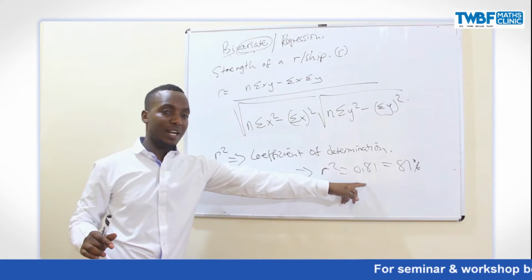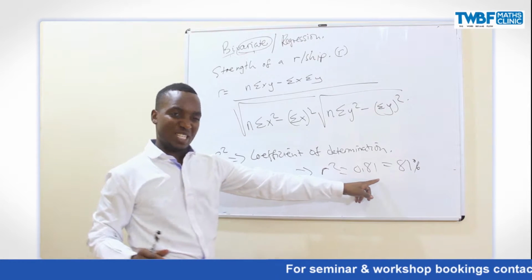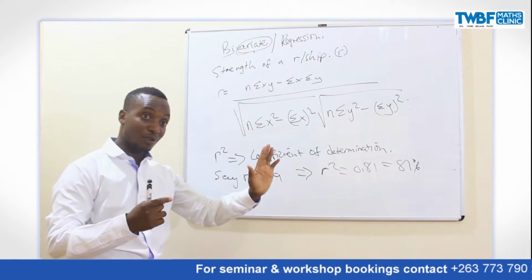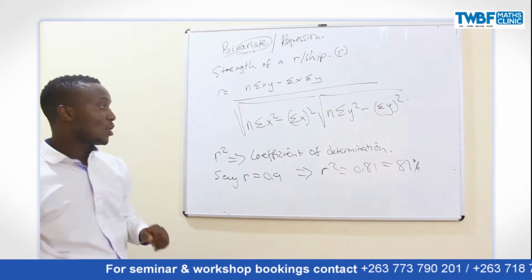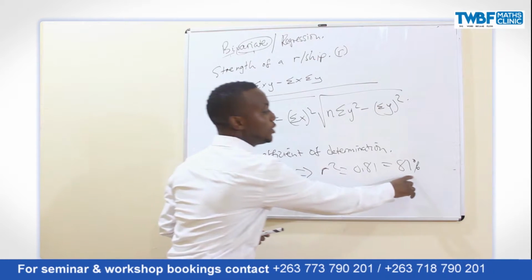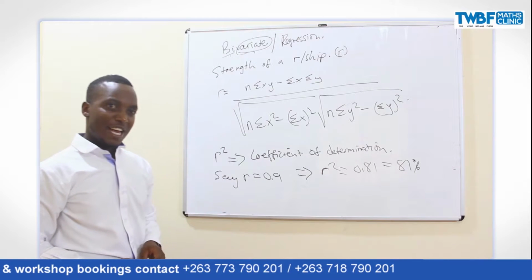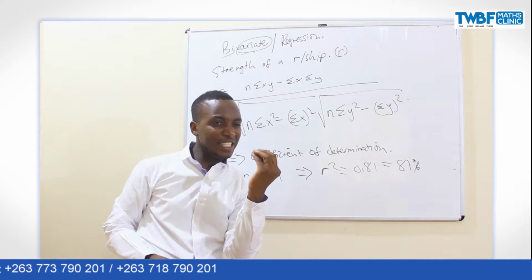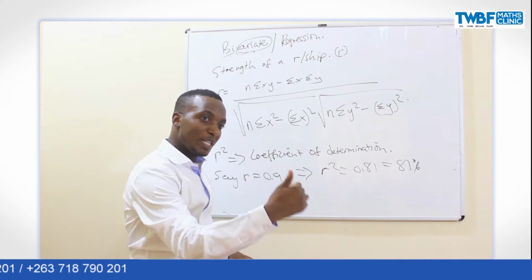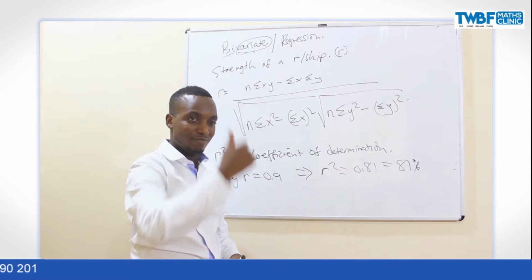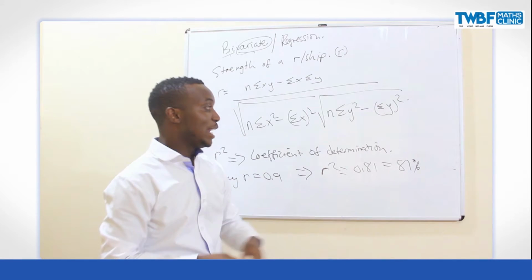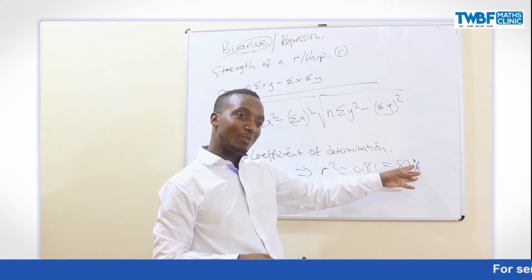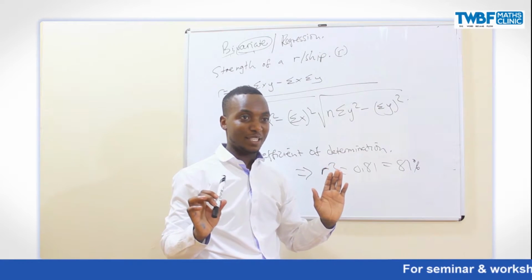So when you square R, what it means, taking the amount of rainfall and the yield, is that when you get this to be your R squared, 81% of the variability in yield can be explained by the amount of rainfall in that particular season, leaving the other 19% to be explained by other factors.